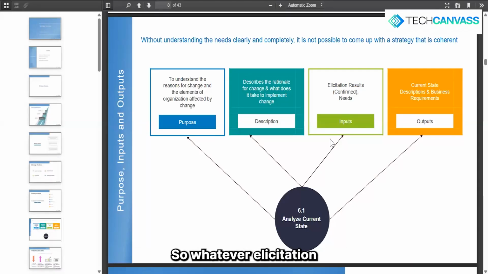Whatever elicitation exercises you have done with them, you need that, and you also need the needs. And look at the output: you will get the current state description and business requirements. This will tell you what the business really wants. So that will be your output.